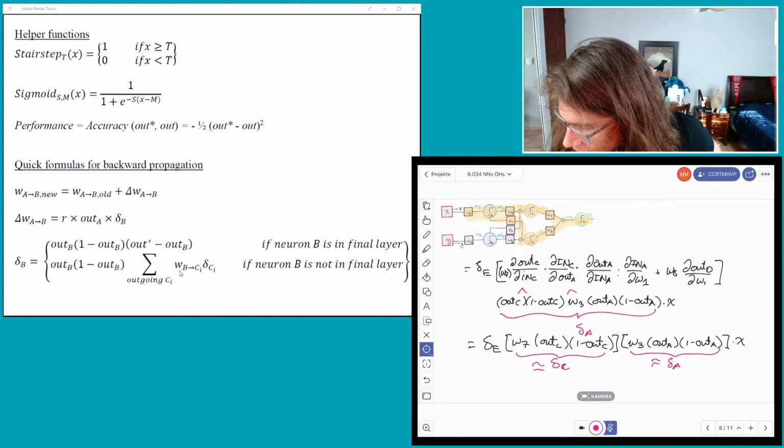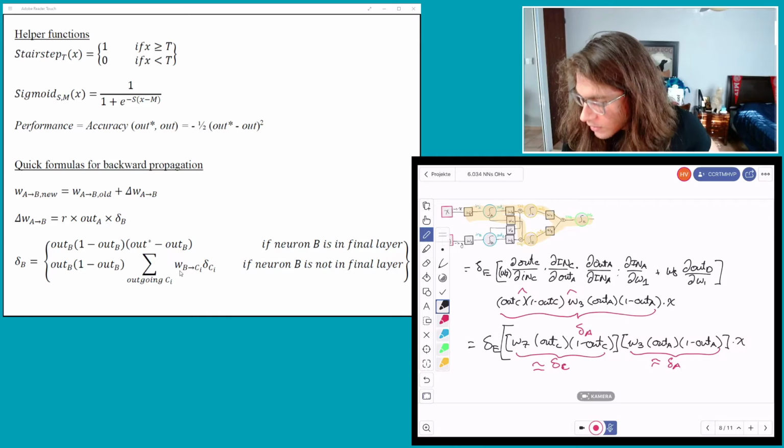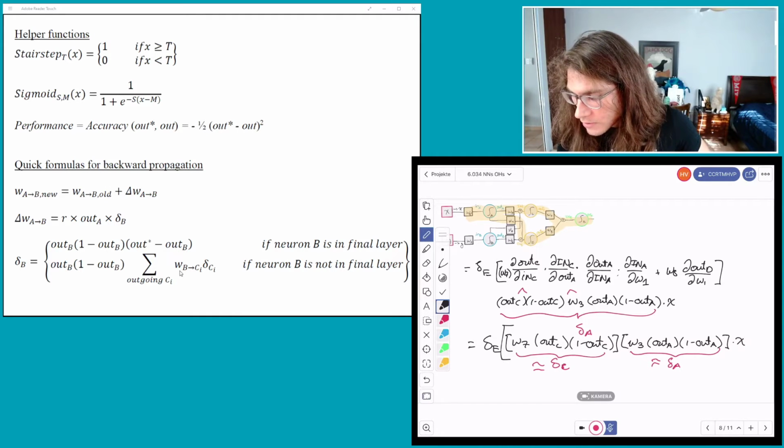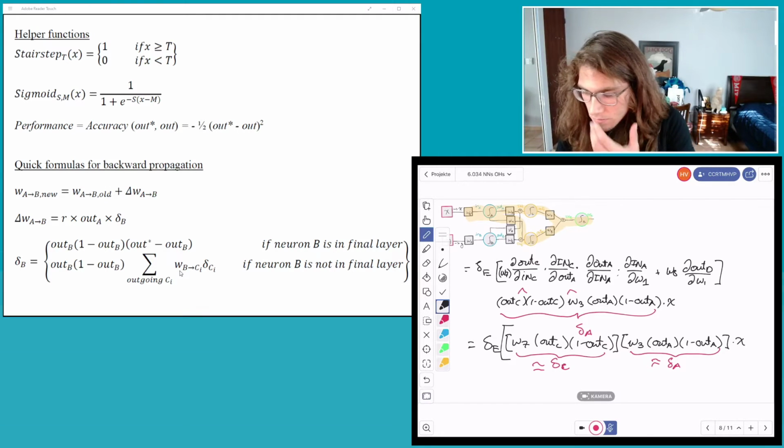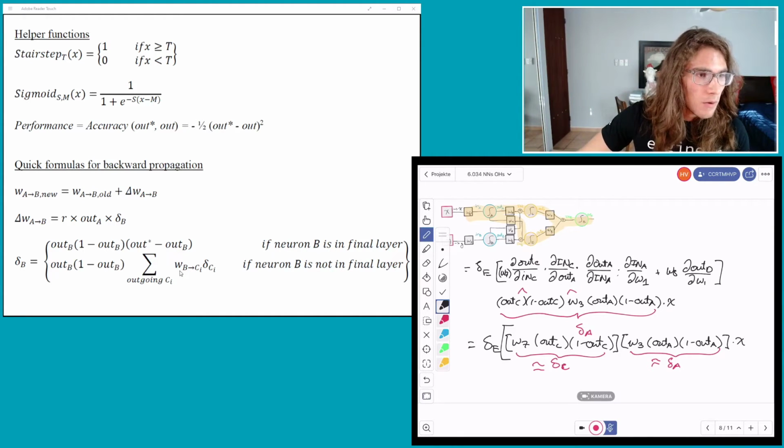And as a quick reminder, this is a larger parenthesis because we had a sum when we were calculating delta, what was it?